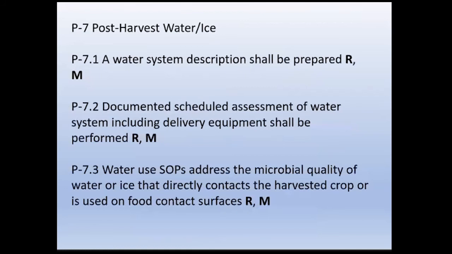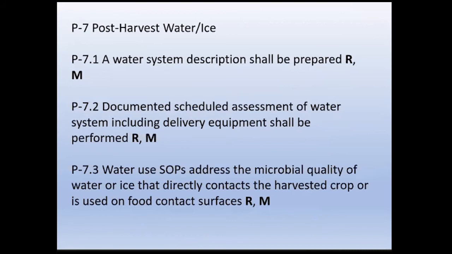Now let's move on to the post-harvest section. That's our P section in our harmonized HGAP checklist. And P7 is on post-harvest water and ice use. So this is very similar to F3, but now we're getting specific for that pack house. So P7.1 states that a water system description shall be prepared.